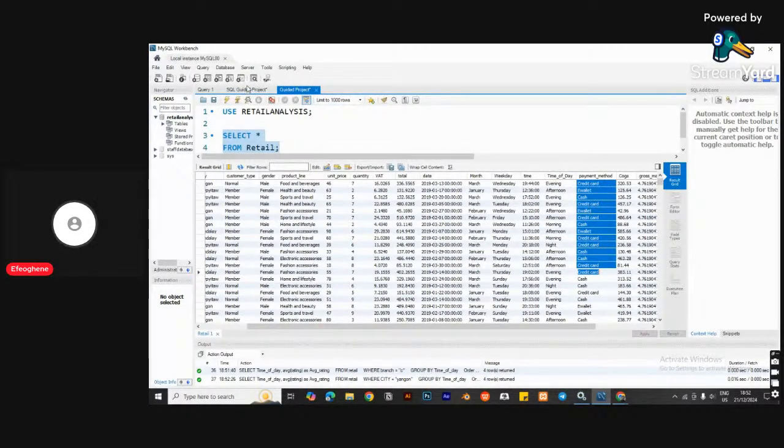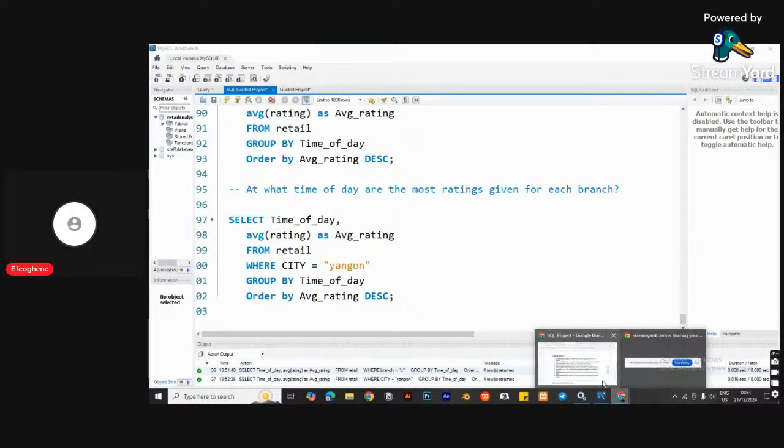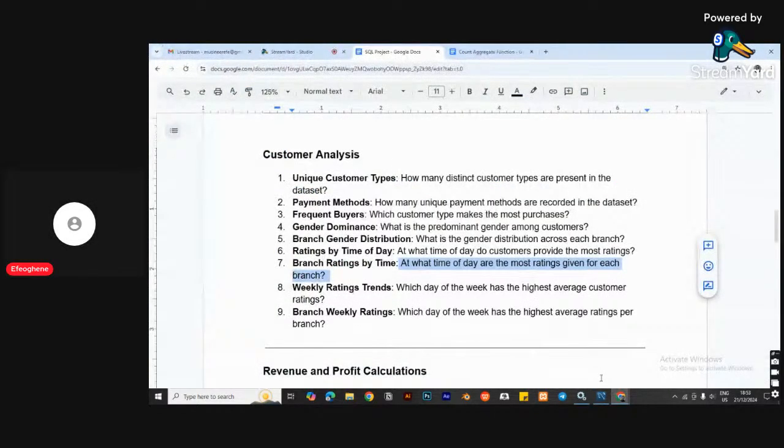Let's see the payment method that is widely adopted in this city or in Mandalay. So this is just a basic for you to know how to ask questions. Which payment method is widely adopted in Yangon or Mandalay? You can do that. So we're just using time of day for this. I hope that's understood.